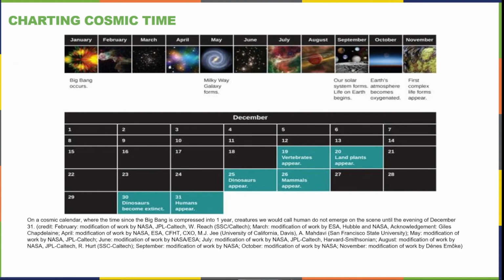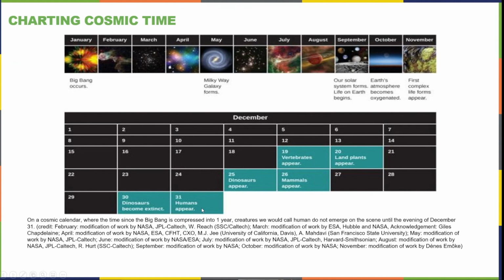And year-wise, the Homo sapiens, or humans, appear on Earth around 100,000 years ago from today.